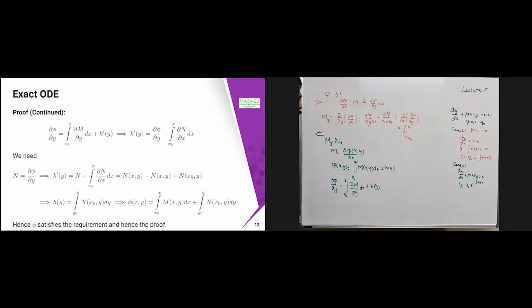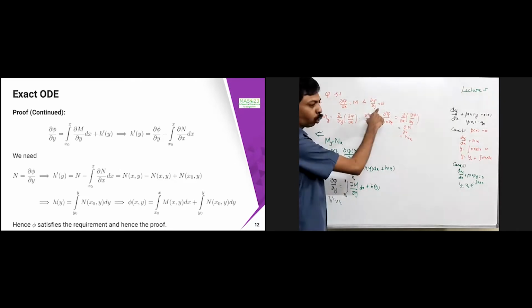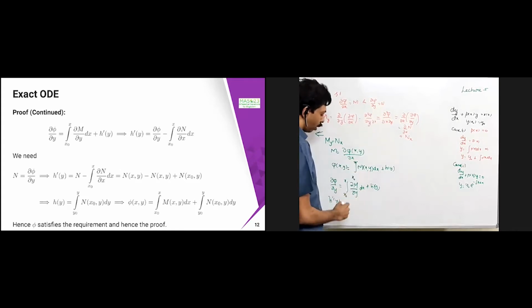So I can rewrite this as h prime of y equals partial phi by partial y. We need partial phi by partial y equal to N, so h prime of y equals N minus the integral from x naught to x of partial M by partial y dx.